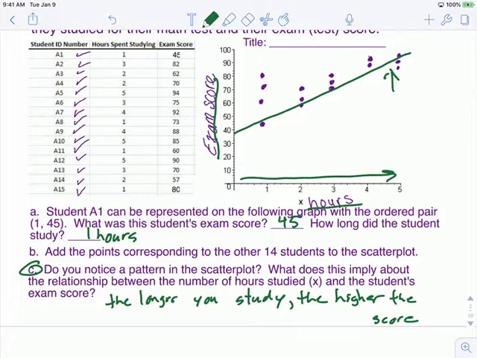Which isn't true for everybody, because you have a couple people here who studied less time than some of these people and actually scored a higher score. But this is just kind of a general trend. This isn't necessarily true for every single individual.